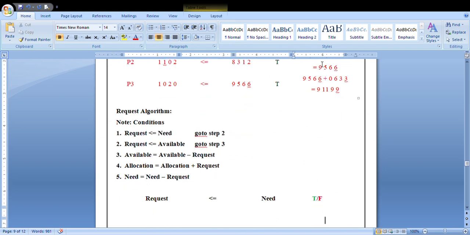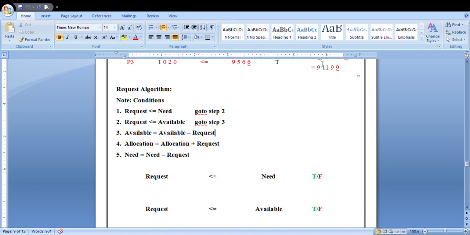For that, this is the resource request algorithm, the steps you have to follow. Once you know the banker's algorithm can grant the request, you have to follow these conditions. What is the first condition? The request value is 0 2 0 0.